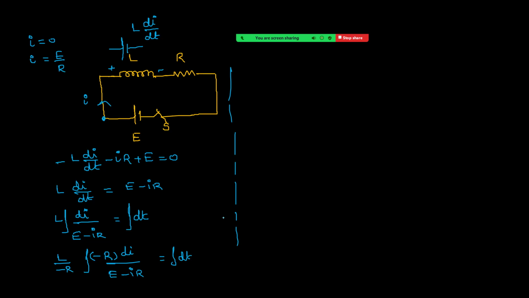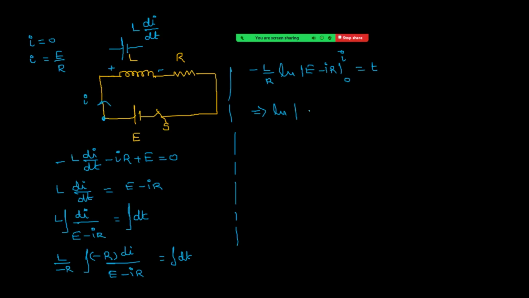Integration of dt. Now see, this becomes minus L by R ln E minus IR, that is equal to t. Now take limits. Current is 0 to I. Now substitute limits.